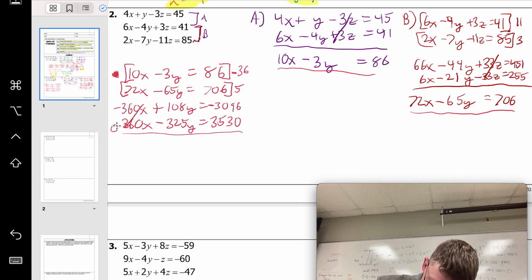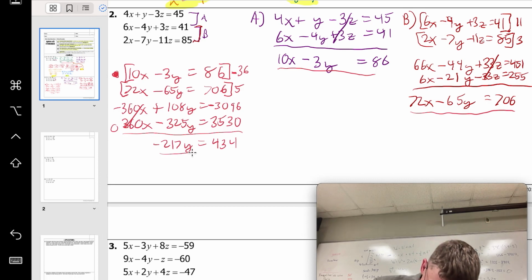Our x's cancel out. So now we have 108 minus 325, negative 217y equals negative 3096 plus 3530, equals 434.